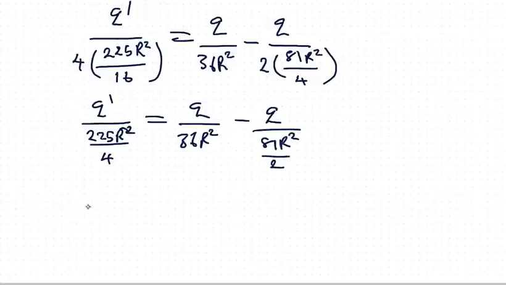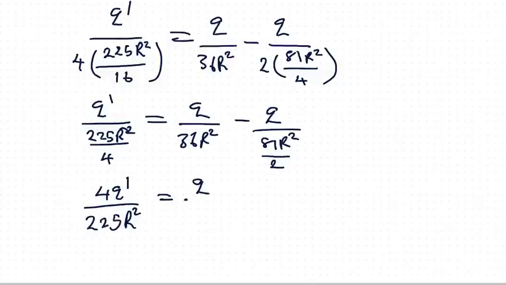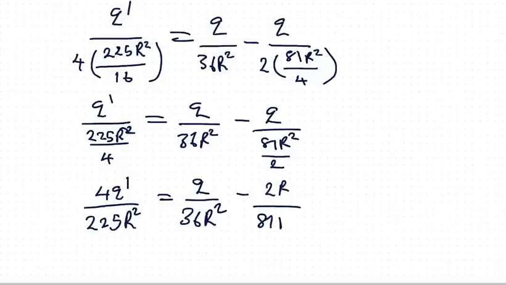So 4q prime divided by 225 r squared is equal to q divided by 36 r squared minus 2 divided by 81 r squared.